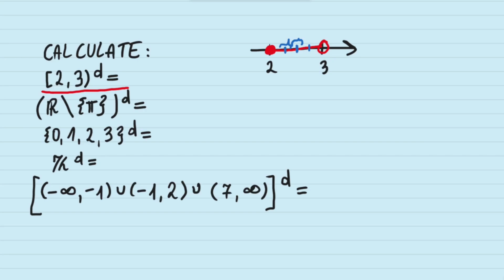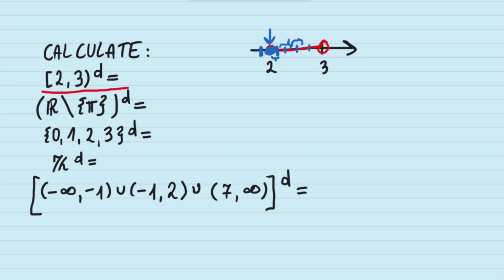So for all the points that are not 2 and 3, we always need to contain something on the left and right hand side from it, so there is no question about it. The situation is actually similar for 2, because no matter how small epsilon we find, there will be some common point on this right hand side from 2, even though the left hand side will be empty.